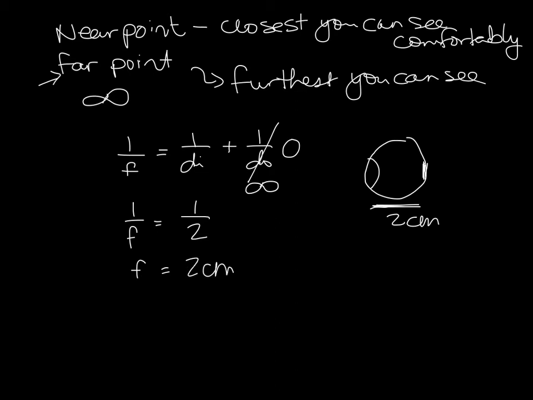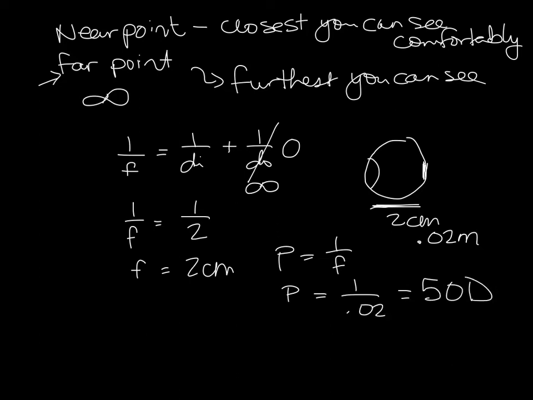So when we go to find the power, it's 1 over our focal length, but remember we have to change this to meters. So this is 0.02 meters. So our power is 1 over 0.02, which comes out to 50 diopters, or 50D. So that's how we get that normal far vision has a power of 50D.